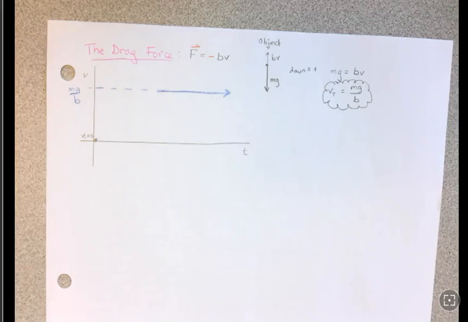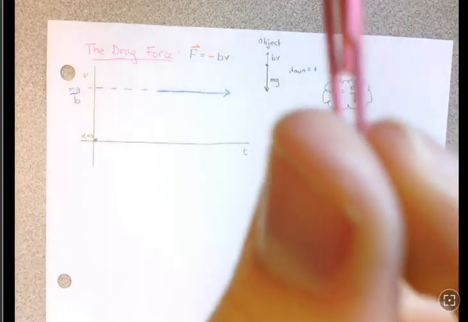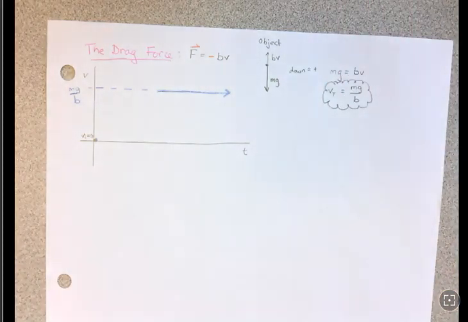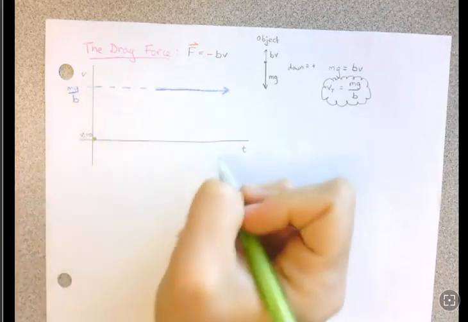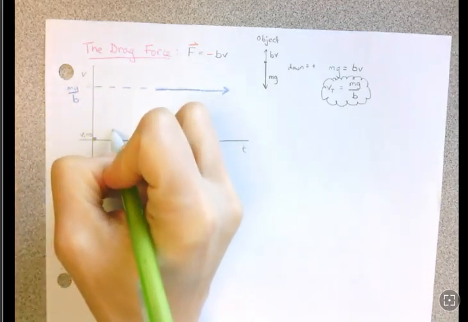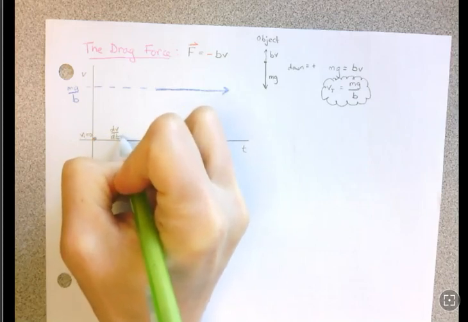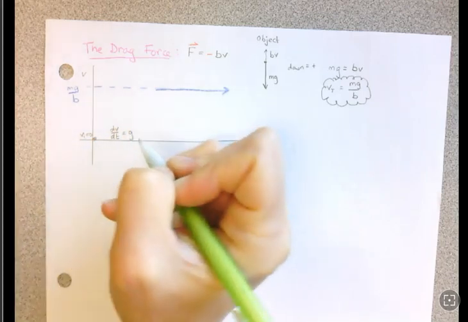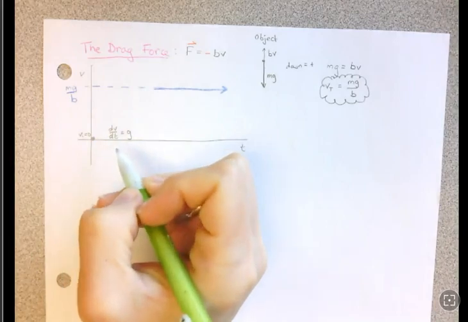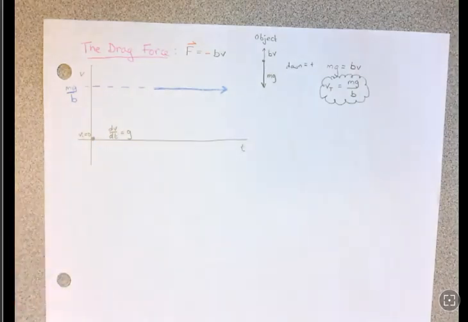The second thing we know is that air drag takes a long time to build up. If you drop something, originally it's going to accelerate at 9.81 meters per second squared. And on a velocity-time graph, that's the slope. Initially, for some period of time, we know that the slope is going to be a constant 9.81.